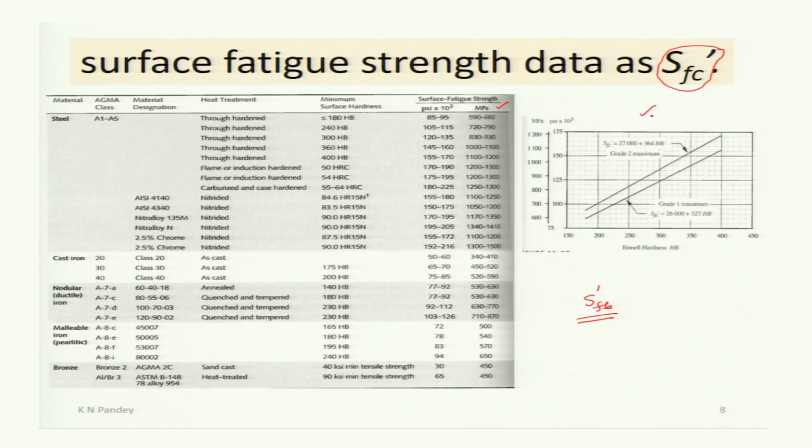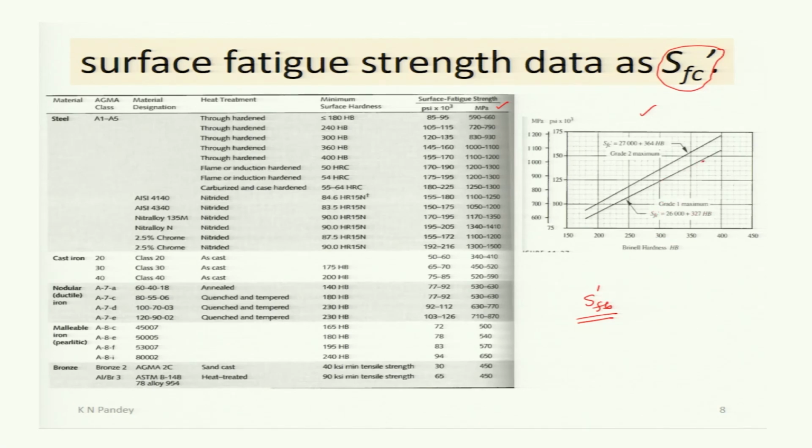Here a graph is given for grade 1 and grade 2 through hardened steel. Knowing the Brinell hardness of the surface, you can use this figure or the equation given here to get the value of SFC dash.